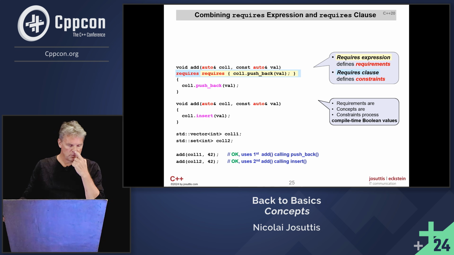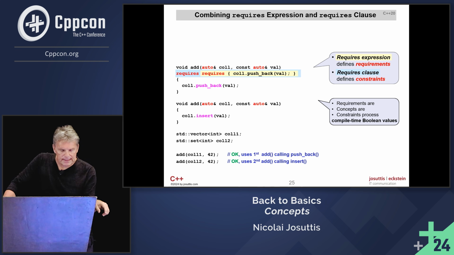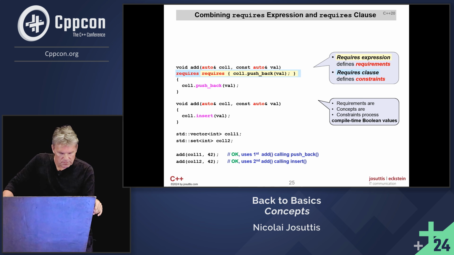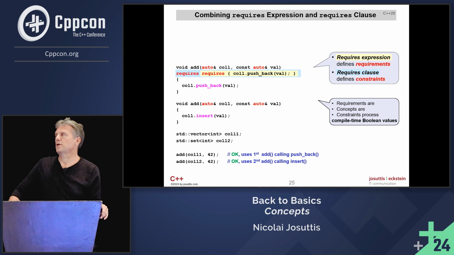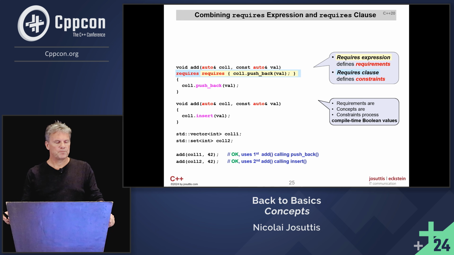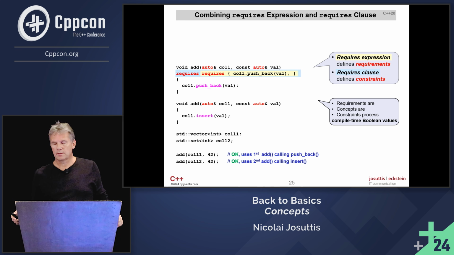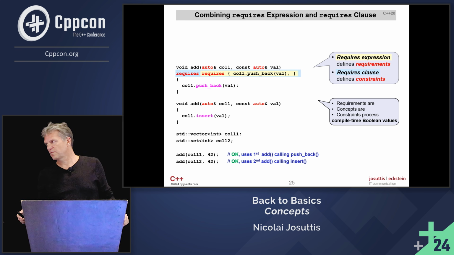But let's come back to the point that requirements, concepts, compile time Boolean values, and constraints process compile time Boolean values. So the only difference we see here in this generic code is the call of push_back or insert. That opens an opportunity to write this code completely differently.